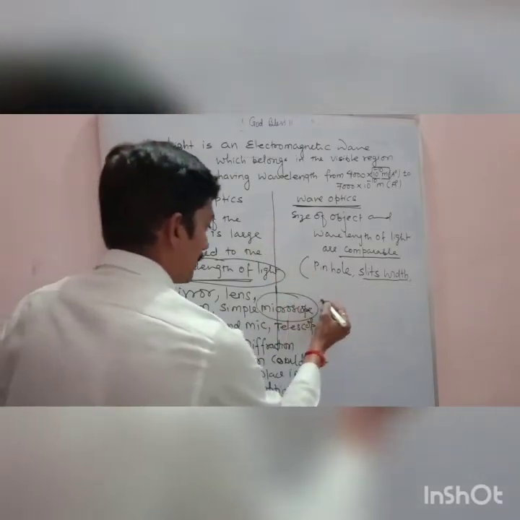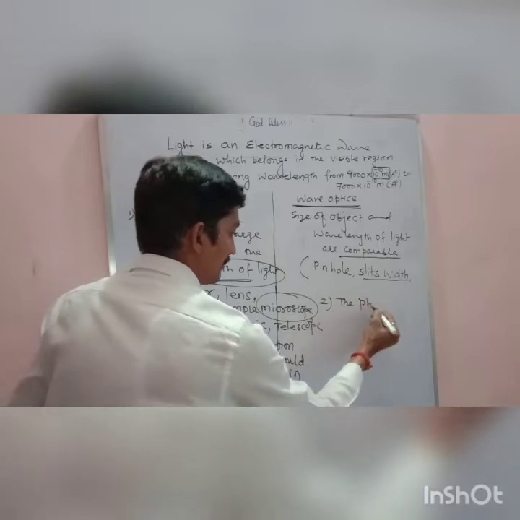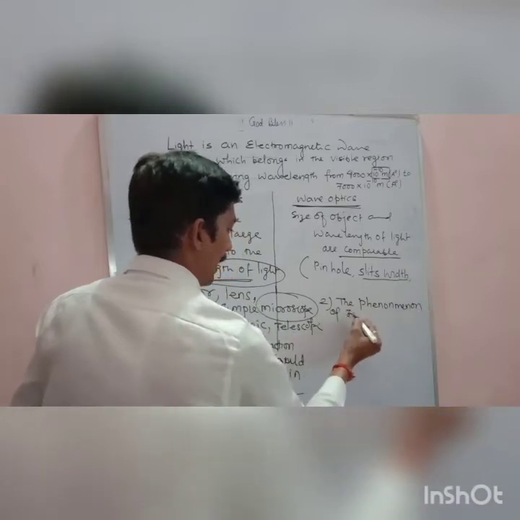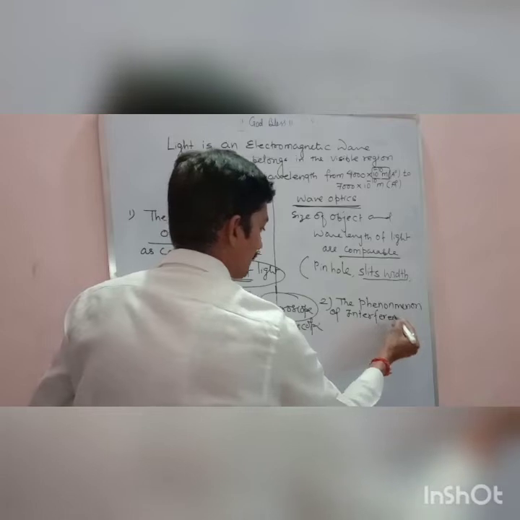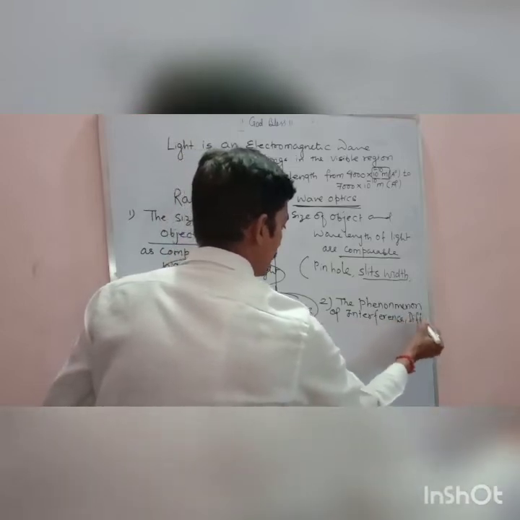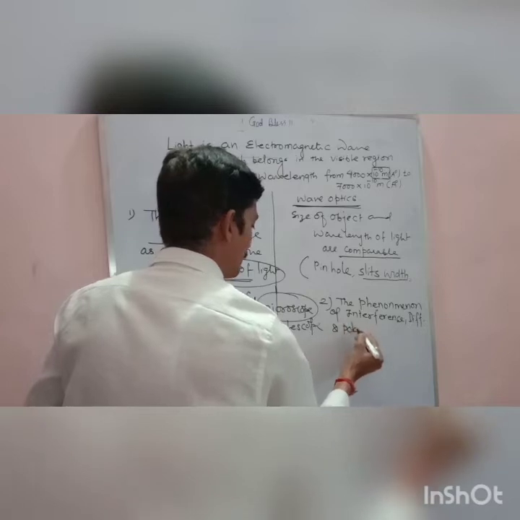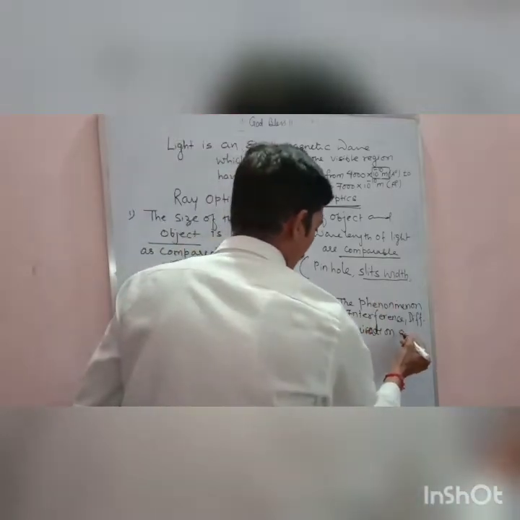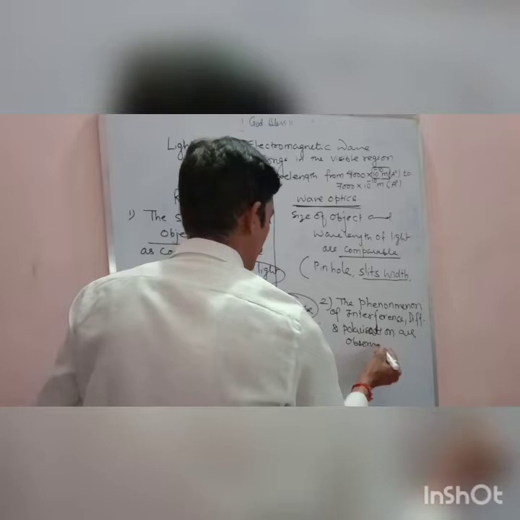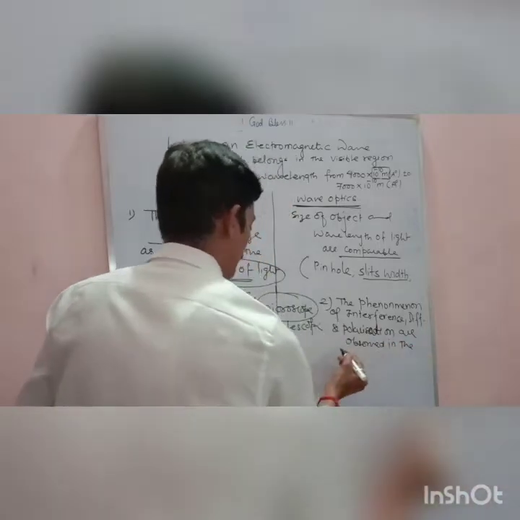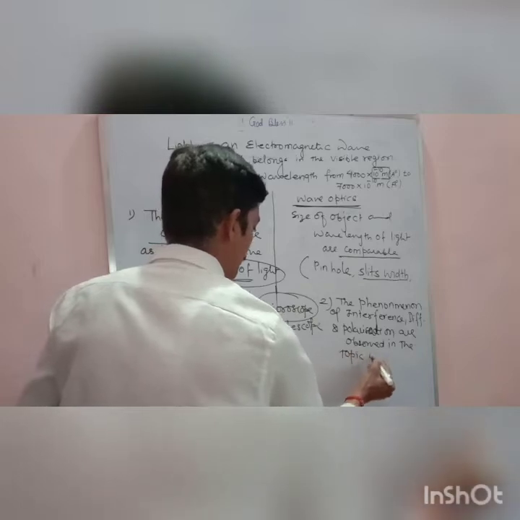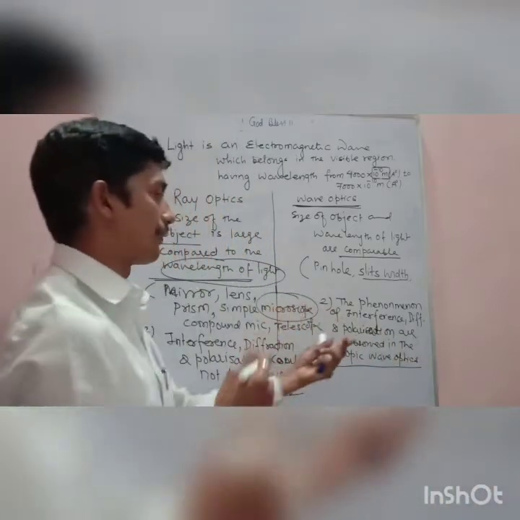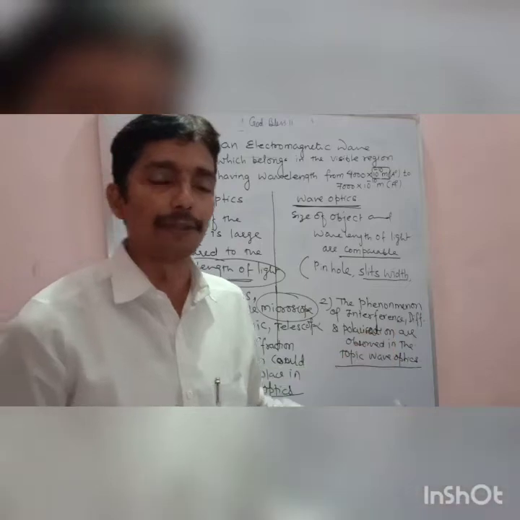But here, point number 2, you can write: the phenomena of interference, diffraction and polarization are observed in the chapter, or in the topic, wave optics, which is due to, I have taught this part to you in my first video, the wave nature of light.